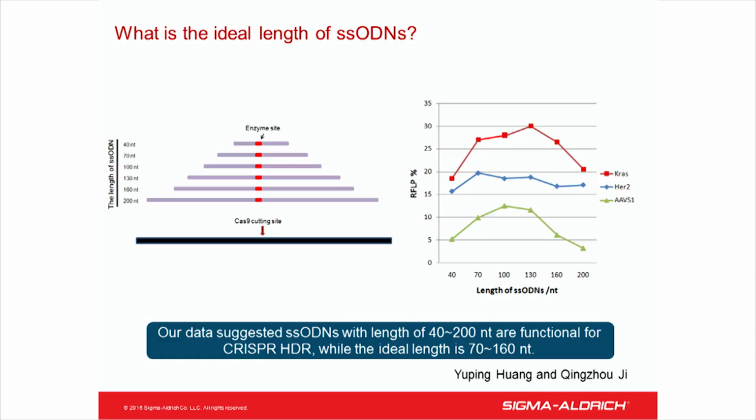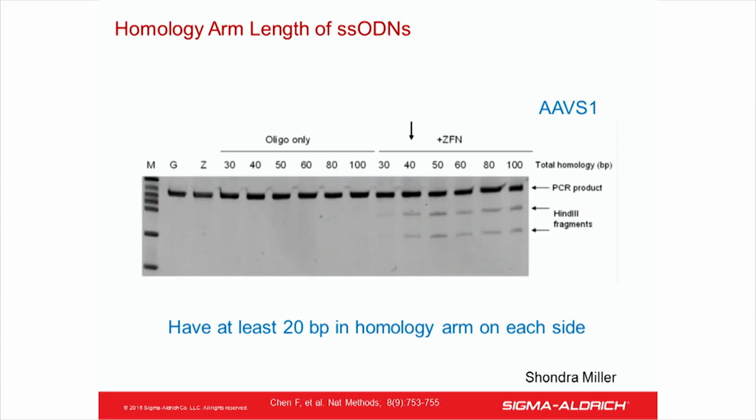Okay, so this is more recent data with CRISPR, and it is interesting, as Dana asked, why it goes down here. We don't know what the reason for that is. Rewinding back to our oligo paper with ZFNs, this is work that Chandra Miller did in 2010. If you look at the total homology, so 50 on either side, all the way down to 15 on either side, she really saw it drop off, going from 20 to say 15.